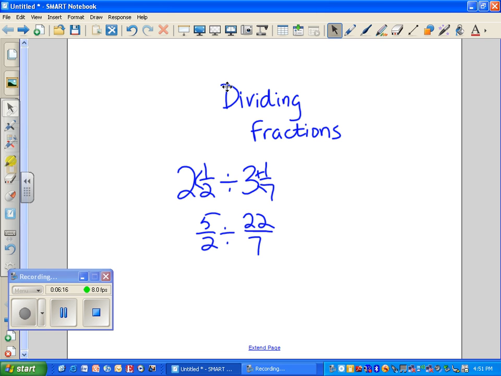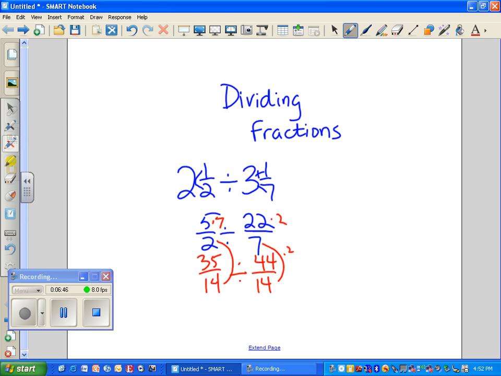All right, now I'm going to have to get my common denominator, so let's do that. So we have equal parts on both fractions. Now it's going to be 14. So I'm going to change those, and if I change my denominators, I'm going to have to change the numerators to make them equivalent. So 2 to 14 was times 7, so 5 times 7 is going to be 35. And then 7 to 14 was times 2, so 22 times 2 is 44.